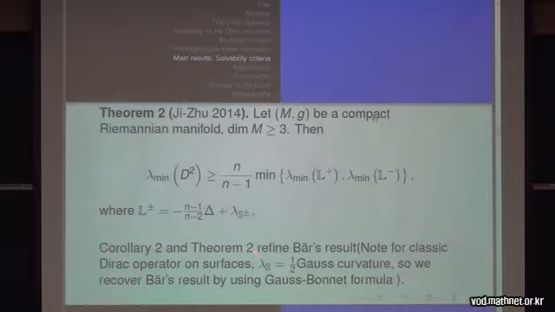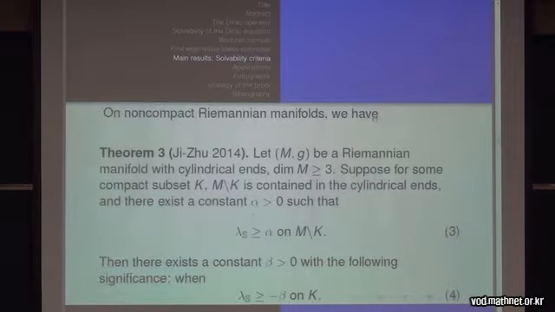And just as I mentioned before, we can recover Bär's result in the spin case by using the Gauss-Bonnet formula. And on non-compact Riemannian manifolds, we have the following.